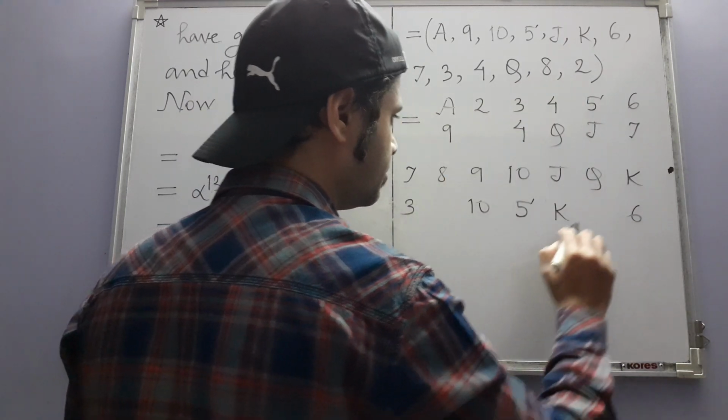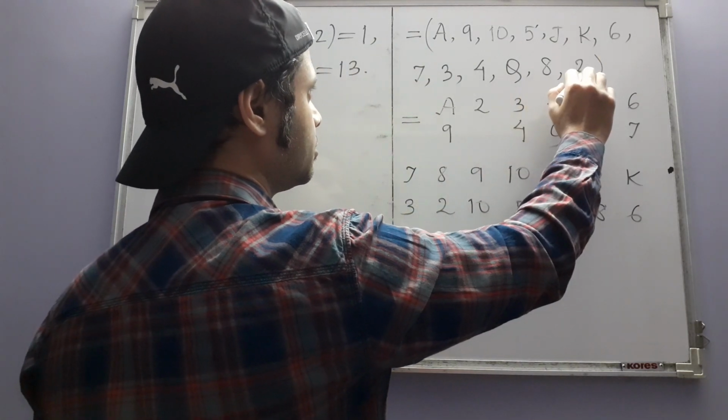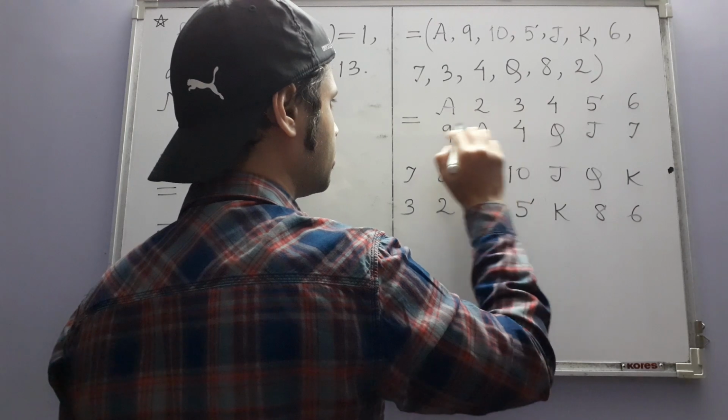Queen to 8. Okay, 8 to 2, and 2 goes back to A.